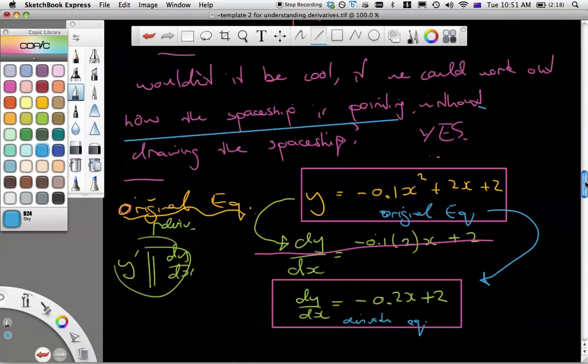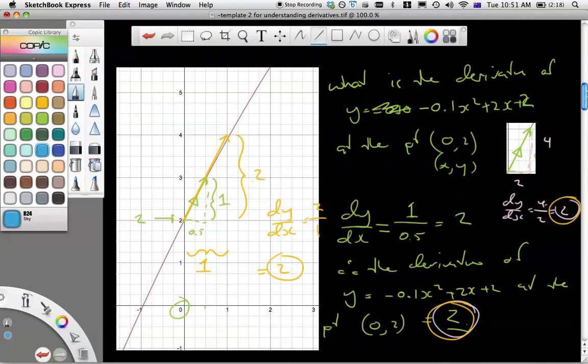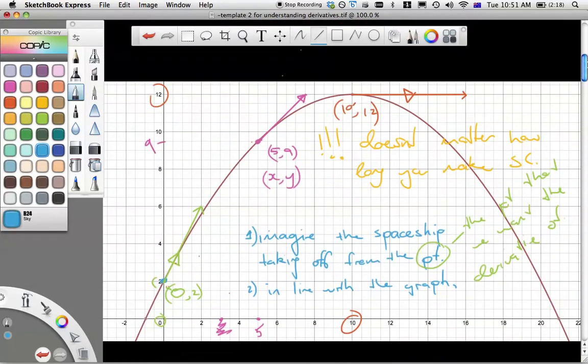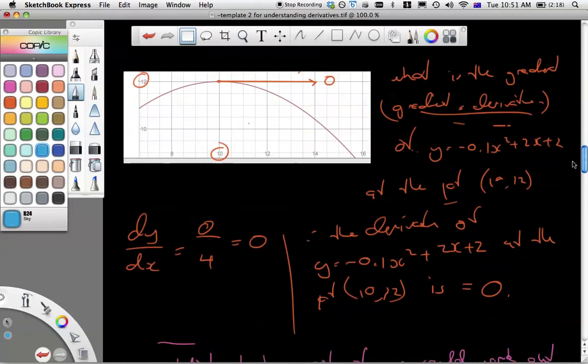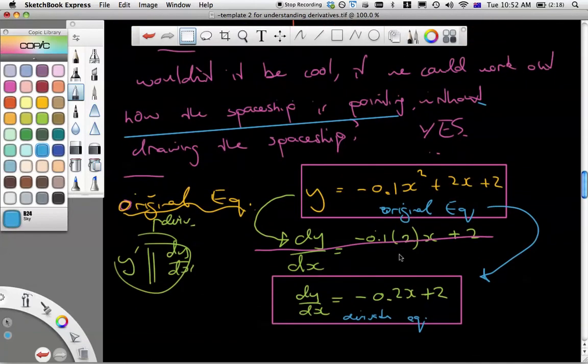We considered launching the spaceship from 3 different points, didn't we? We considered launching the spaceship from the point where x equals 0. And notice we don't have to care about what y is, because in this derivative equation we've only got an x. We've got this dy over dx, but that's what we're trying to find out, so we just have to worry about the x.